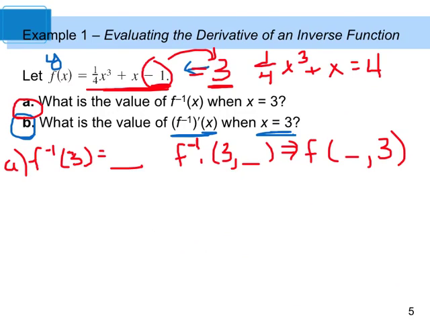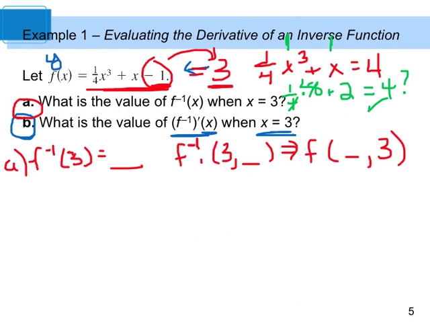But if I just start to guess numbers, what if I guess a 1? Then 1/4 times 1 cubed is 1/4, and 1/4 plus 1 isn't 4. Now let's try a 2. 1/4 times 2 cubed plus 2, does that equal 4? Well, 1/4 times 8 is 2, and 2 plus 2 is 4, so yes.